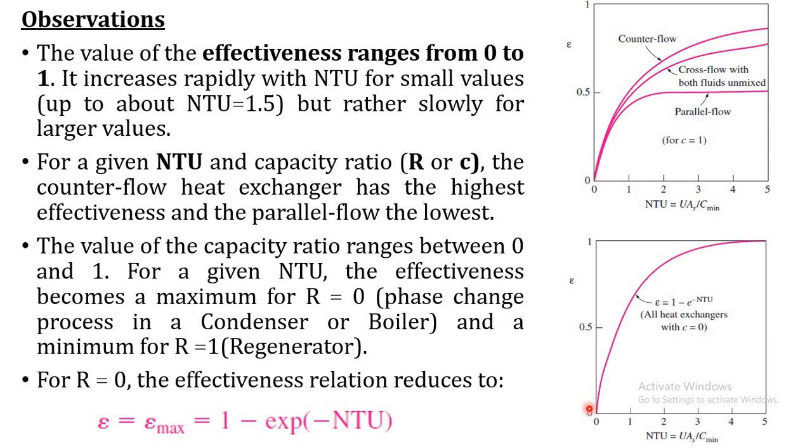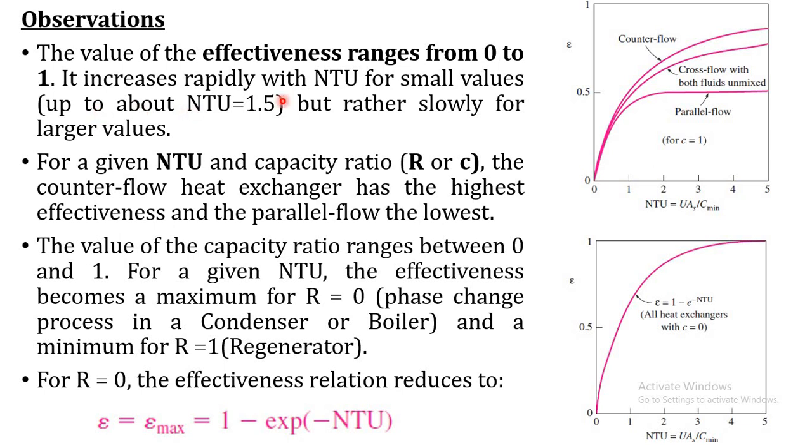There are some observations. If we draw the effectiveness NTU chart for all the types of heat exchangers, crossflow heat exchangers, you can see the first observation is the value of the effectiveness ranges from 0 to 1. Effectiveness of all the heat exchangers ranges from 0 to 1.